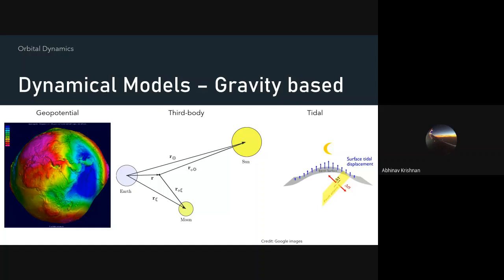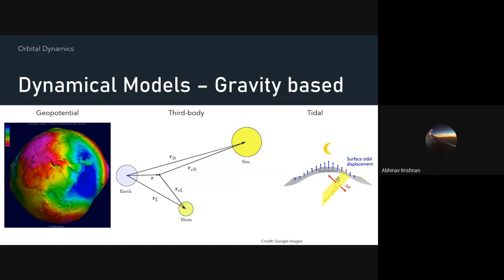And these are the ones that are important when you're considering higher orbits for collision avoidance, because each of them has a significant impact on the precision and the accuracy of your orbit propagator.